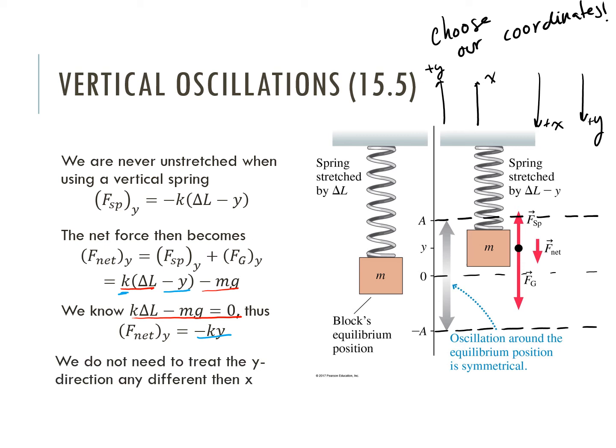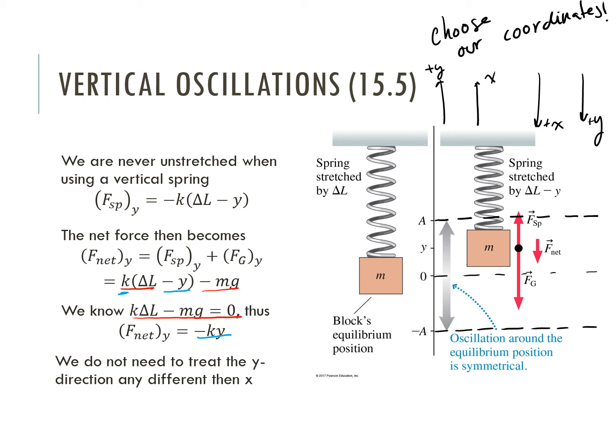So again, we don't need to treat horizontal and vertical oscillators differently. Even though gravity is now included, it turns out that because gravity both helps and hinders our motion depending on the direction of the object on the spring moving, it cancels out.